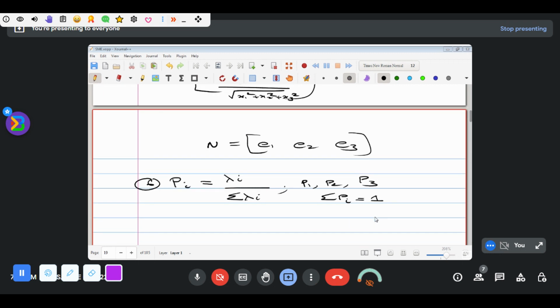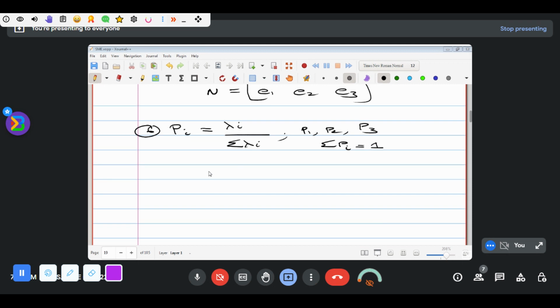Then after that you find the principal components: Yi equals Ei transpose into X. This is the formula of the principal components.